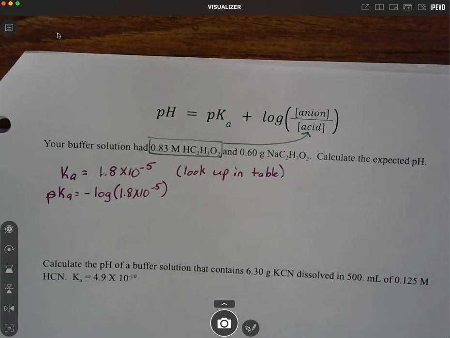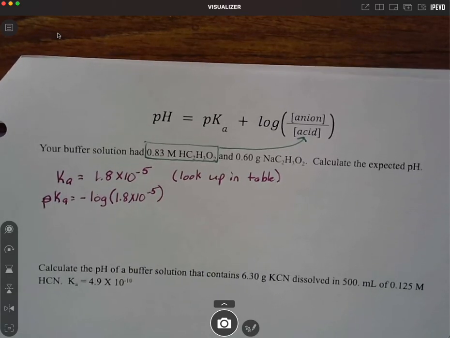Okay, let's take the logarithm of 1.8 e negative 5, and change the sign.